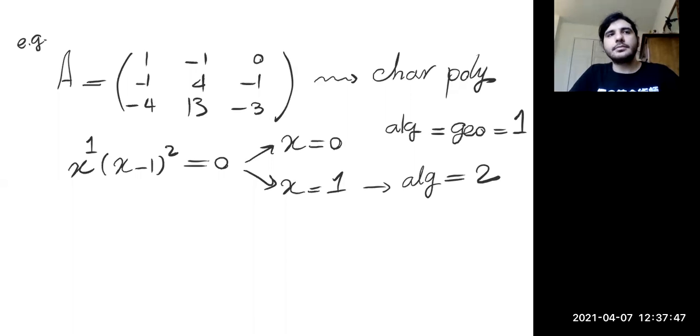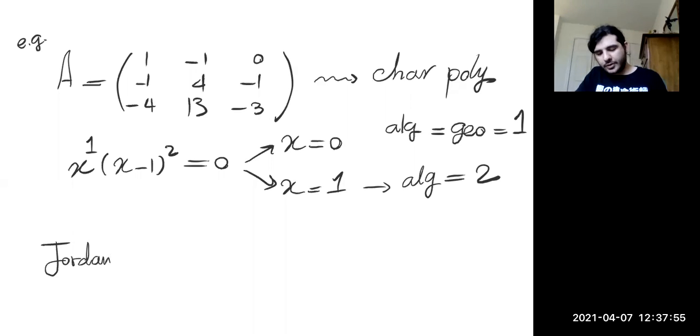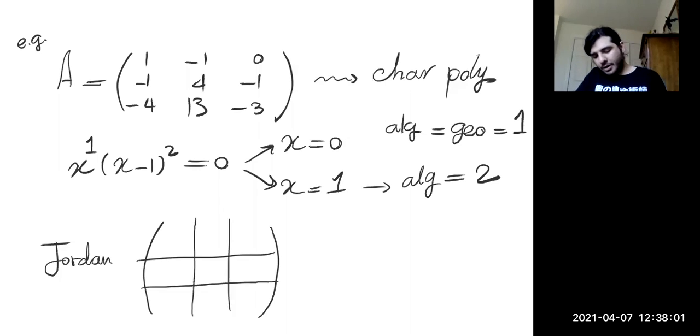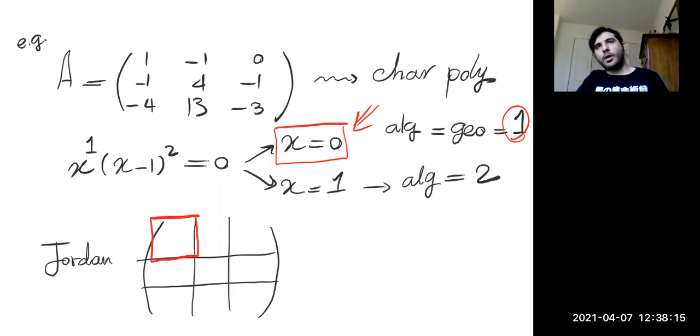Okay. Now if I form the Jordan form of this matrix, that's the point. The Jordan form of this matrix, it's a 3 by 3 matrix, right? It would have a part which corresponds to this eigenvalue. When the multiplicity is 1, it means the Jordan block for this eigenvalue is just one block, which is 1 by 1.